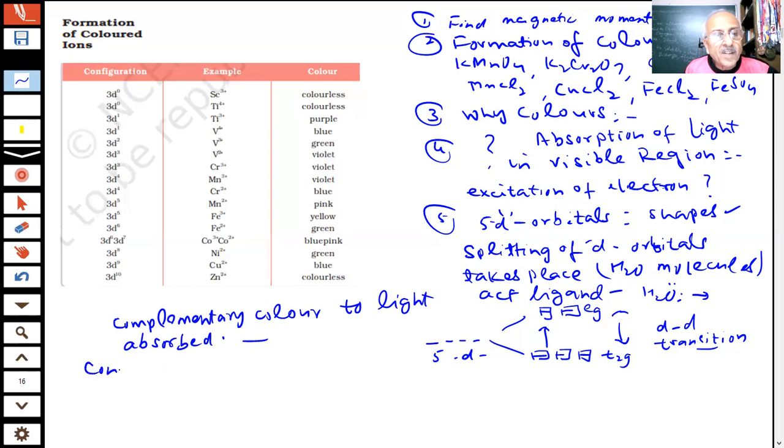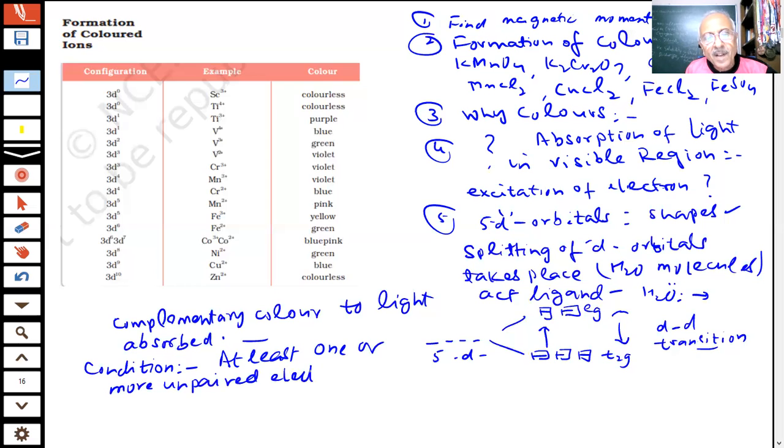What is the condition to absorb the color? They must have at least one or more unpaired electrons. Then only excitation will take place. If they don't have one or more unpaired electrons, then there will be no color.